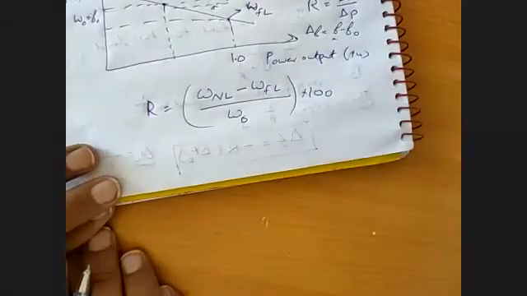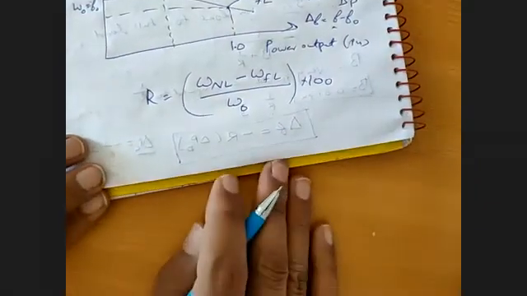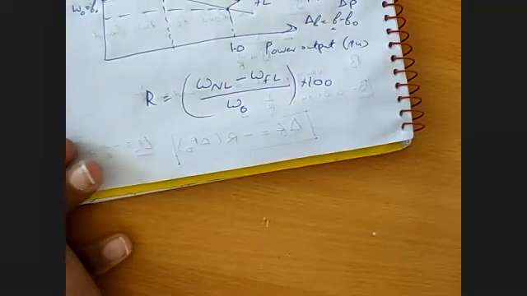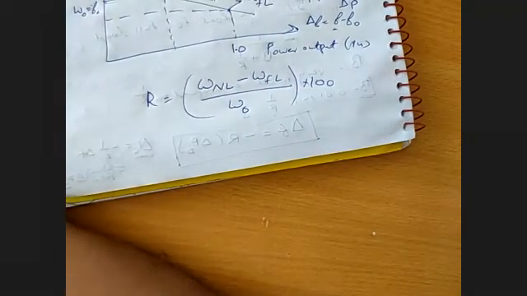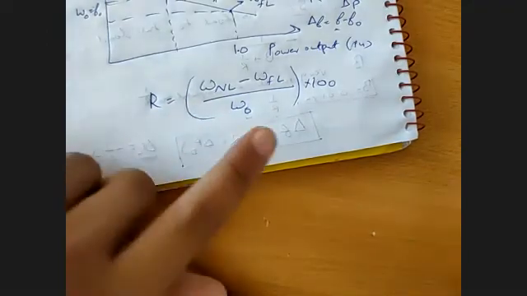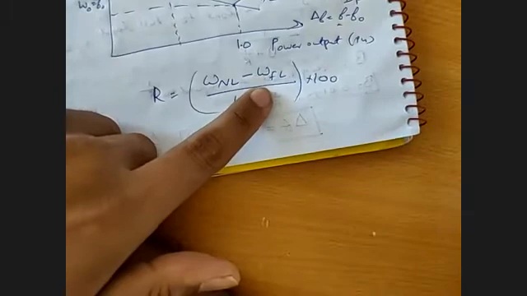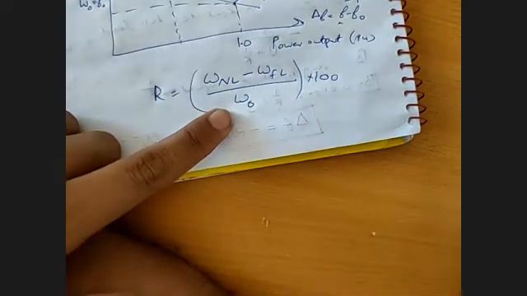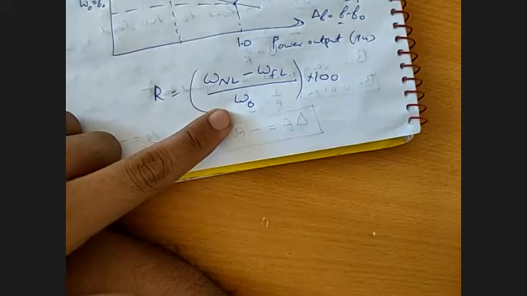This is how we calculate R for a system. Omega NL is your no load speed or no load frequency, and this is your full load frequency. Omega naught is your rated speed.